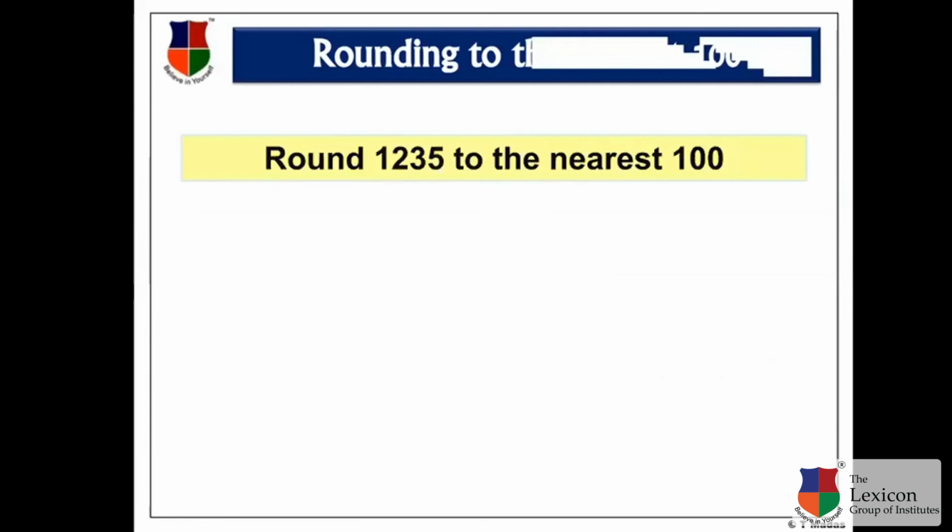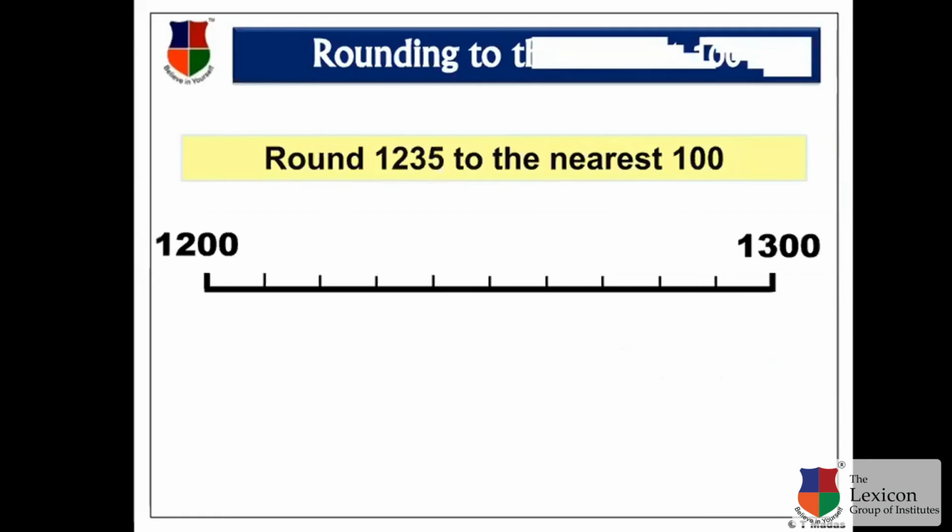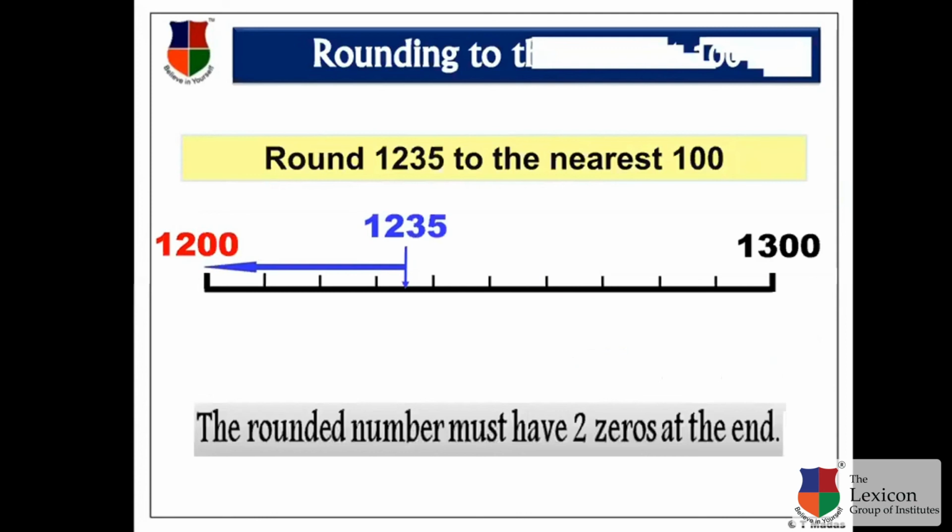Now one more example. The number is 1235. When we round off to the nearest hundreds, again we have to arrange it on a number line, correct? Which number does it end in? 5, correct? So it gets rounded off to 1200. Now as we are rounding off to the nearest hundreds, it must have 2 zeros.